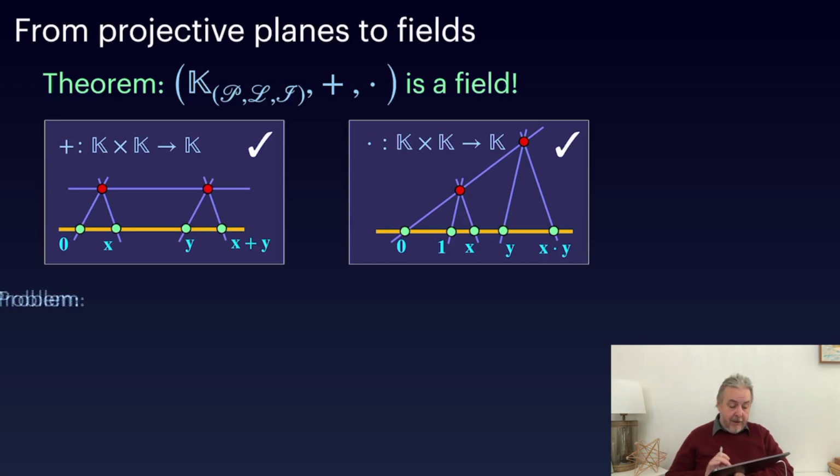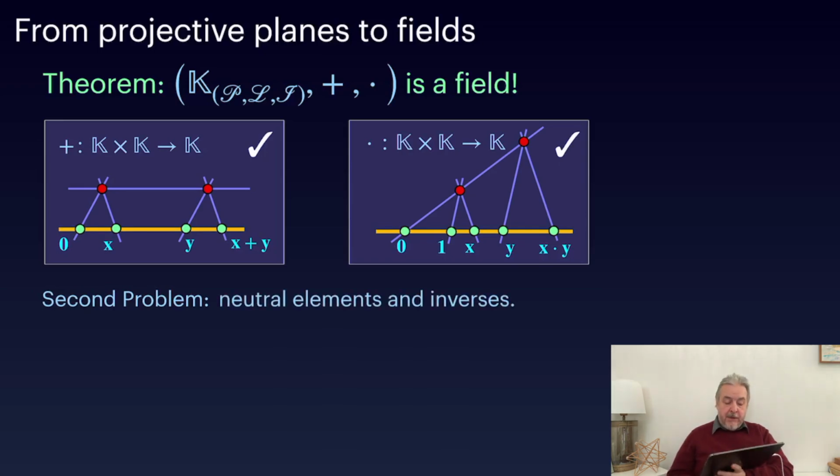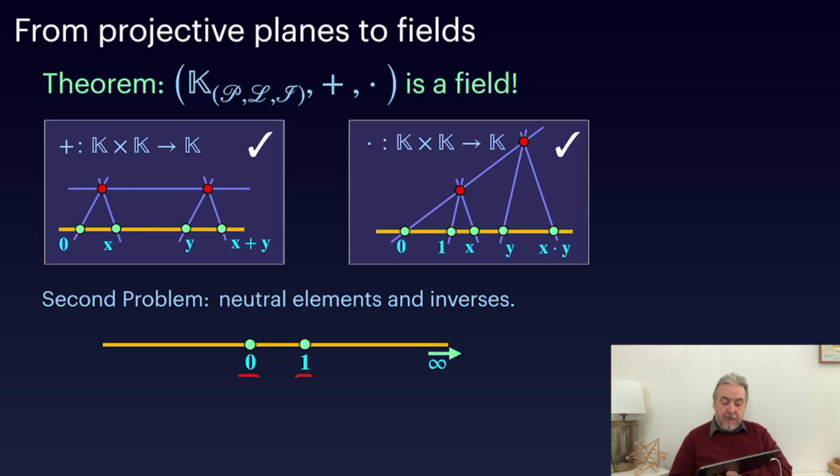We want to have a field, and if we have a field, we need neutral elements and we need inverses. The two obvious candidates are the 0 and the 1. So it would be good if we can find out that both 0 and 1 are the neutral elements for addition and multiplication. If you look at those constructions here, if x were 0, your construction would ask you to construct twice the same line here, and finally drawing the two parallels would end up in the same point y.